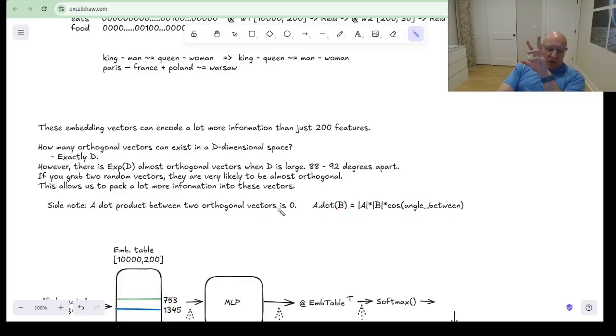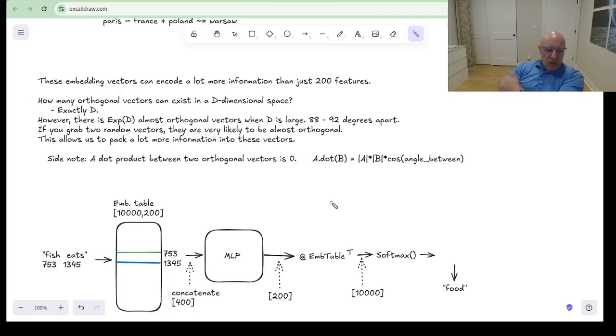And if vectors A and B align, like they point in the same direction, then the dot product between them will be the highest, because cosine is the highest. And if they point in the opposite direction, it will be some negative number.